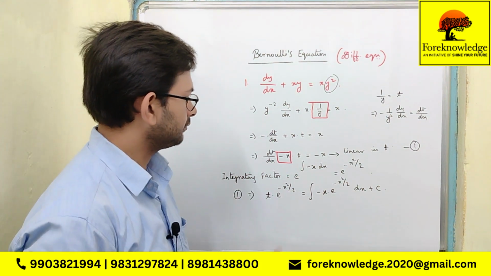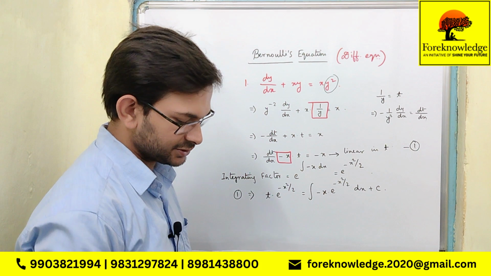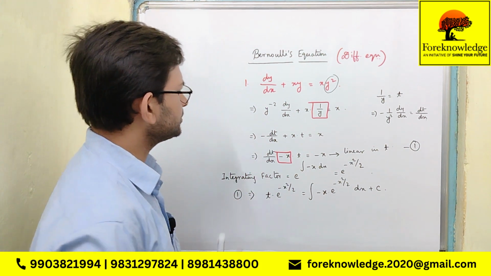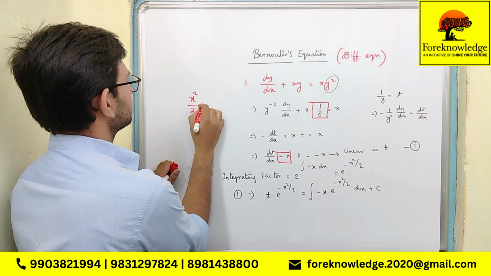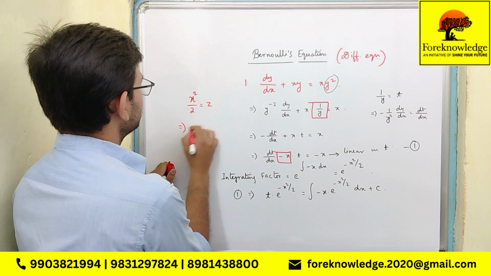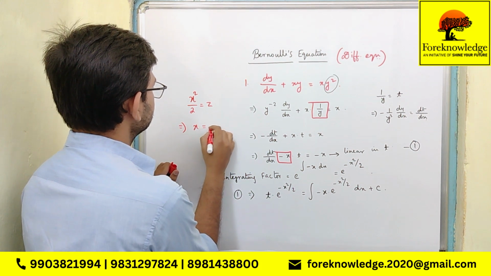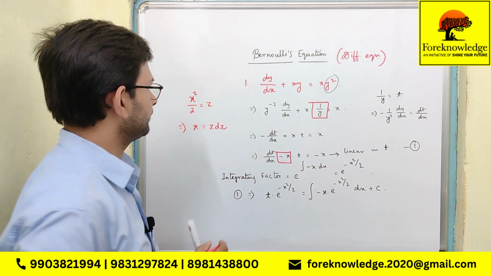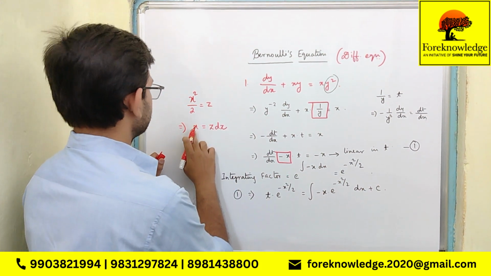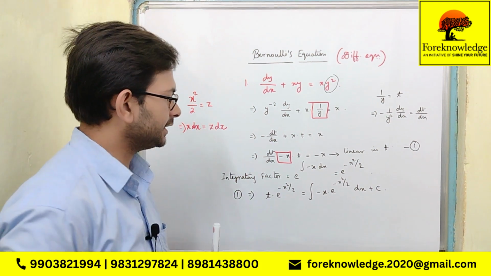Fine. Now this is simple. Assume x square by 2 as z. If we assume x square by 2 as z, then differentiating gives 2x by 2, so x dx equal to dz.